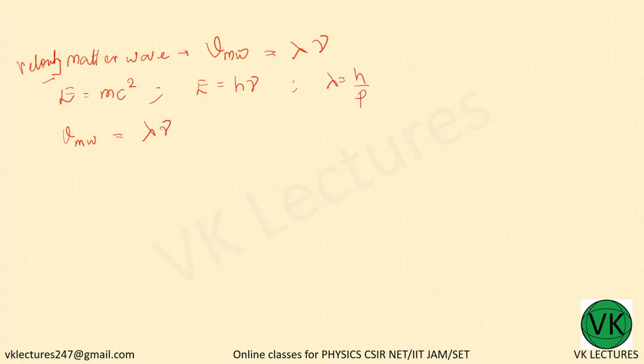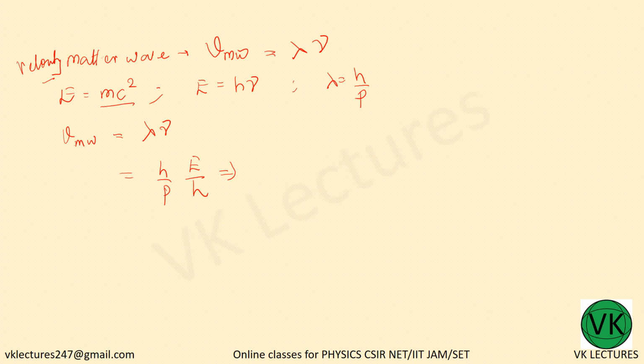Just substitute these values. So lambda is equal to h by p, nu is given by E by h. Now what is E? E equal to mc square.